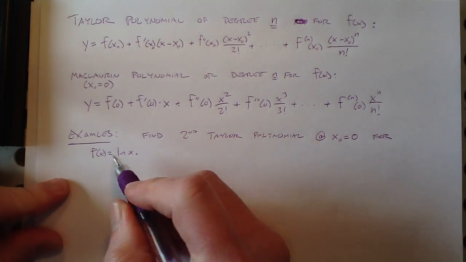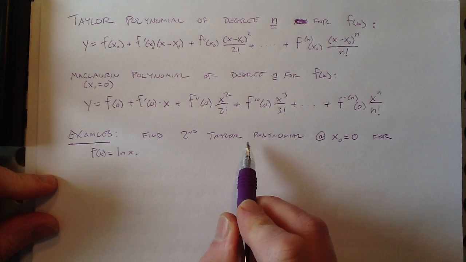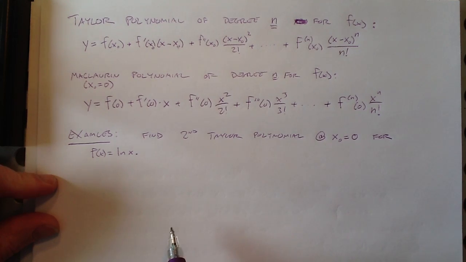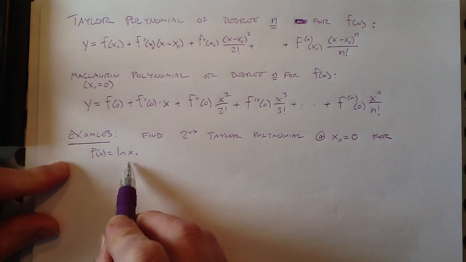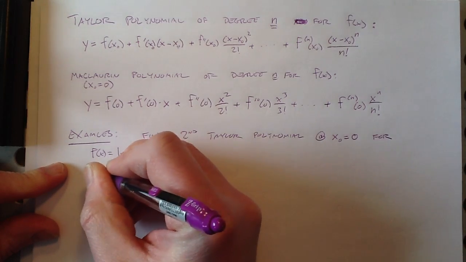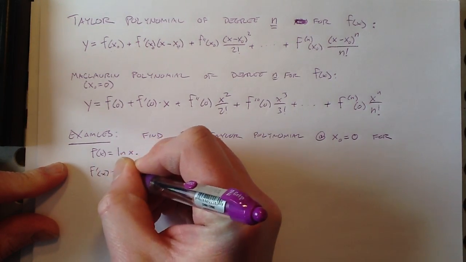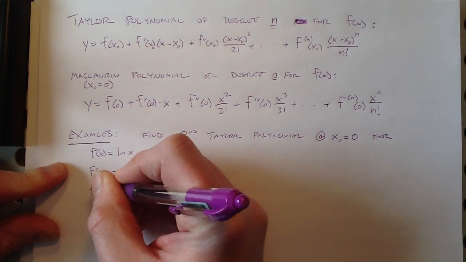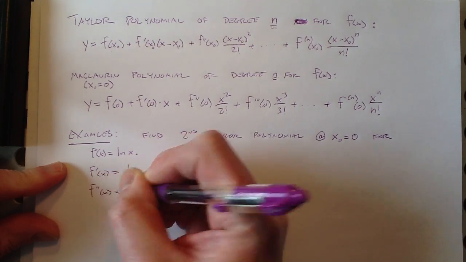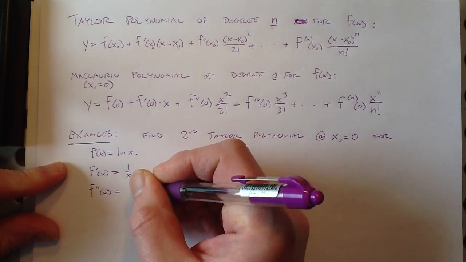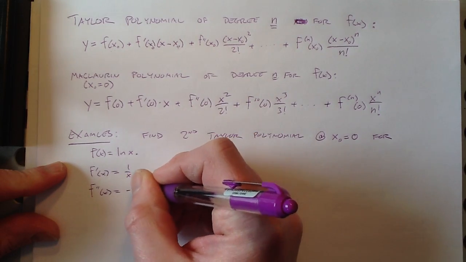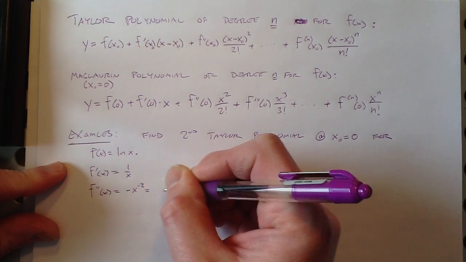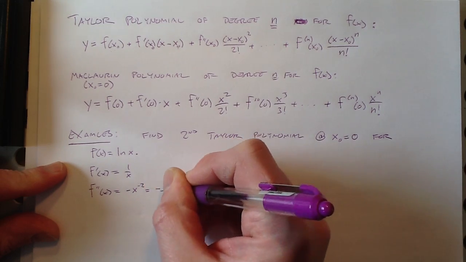Okay, so if we're going to do a second degree Taylor polynomial, we need the function, obviously, and we need the first two derivatives. So what's the derivative of natural log? It's 1 over x. What's the second derivative of natural log? Well, that's x to the minus 1, so it would be minus x to the minus 2, or minus 1 over x squared.